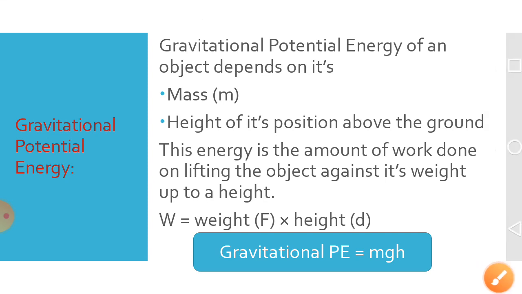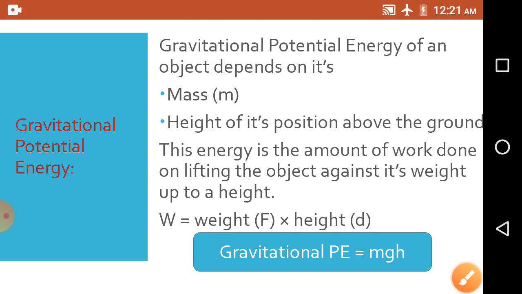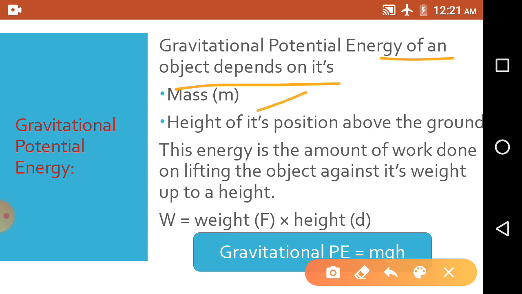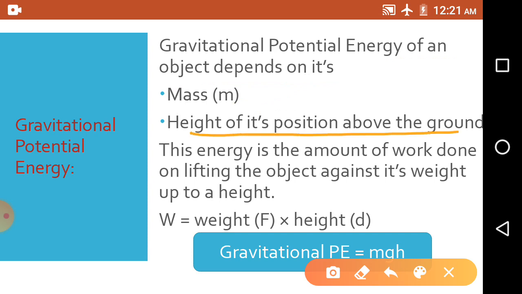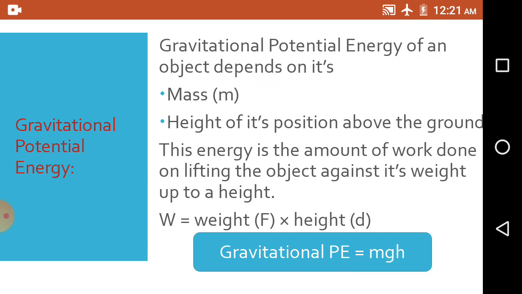The gravitational potential energy of an object depends on its mass, and mass becomes weight, and the second factor is the height of the position above the ground.